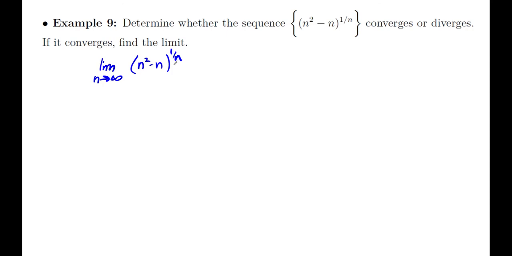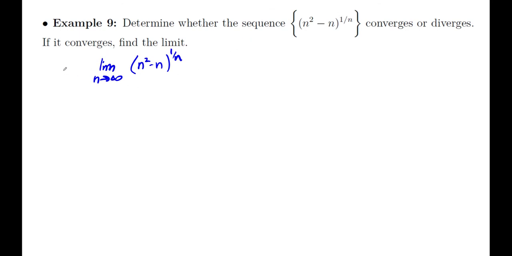Think about that for just a moment. What is the tool we have? So we took a moment to think about that, but the answer is logarithms, right? We know that if we take the logarithm of an expression like this, that exponent can come down in front.